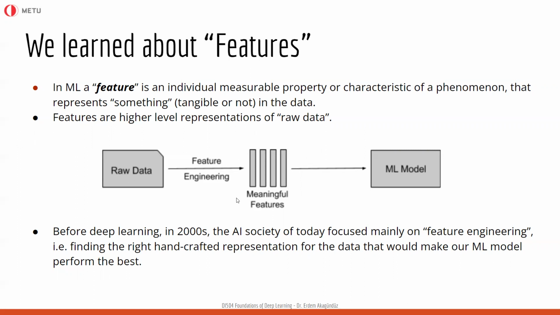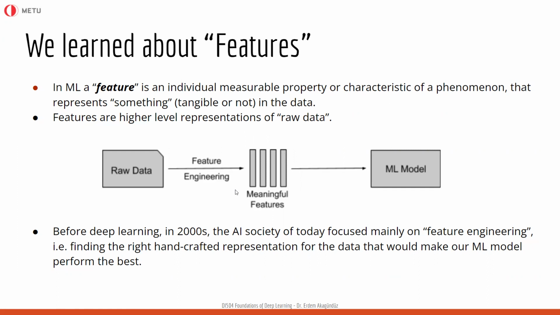That's what we call a feature. If you have data, you transform it to a feature, and it doesn't mean anything to the model, then that's not a good feature at all. So features are basically higher level representations of raw data.